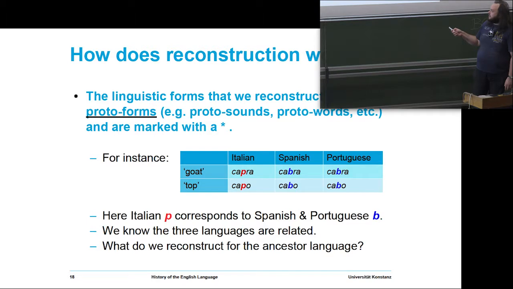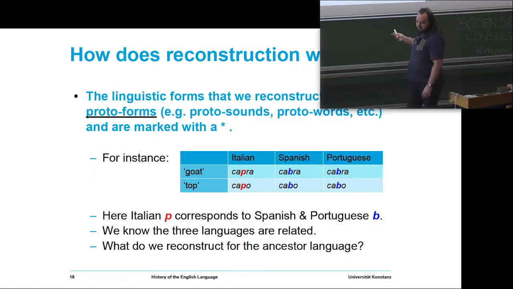So capra and capo. In Spanish, they've got a b, which can also be fricated. But say it's a b for now, cabra and cabo, and same in Portuguese. So we've got a systematic correspondence here. I could give you more words. I've only given you two to keep it simple. We've got a systematic correspondence here.